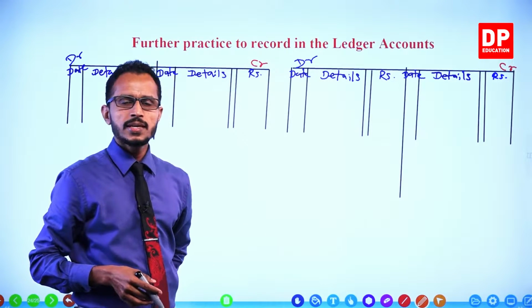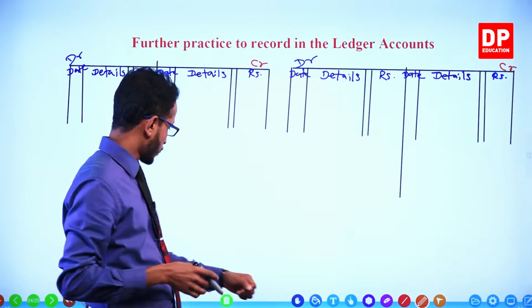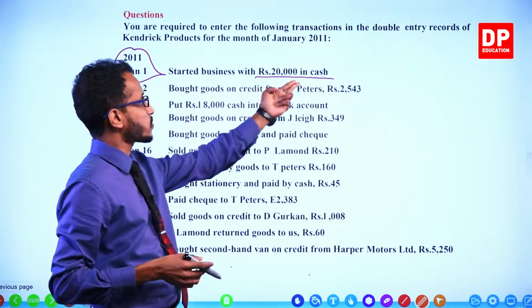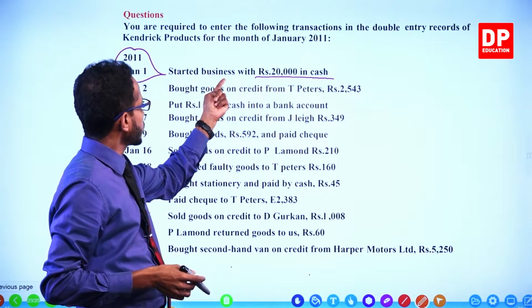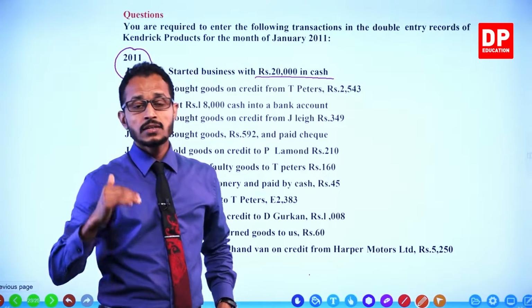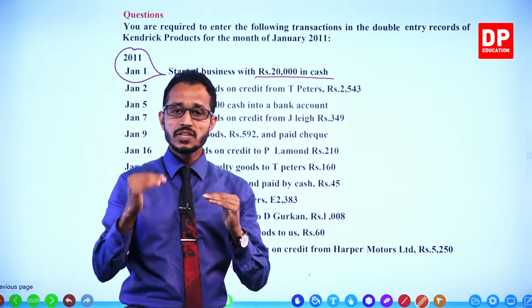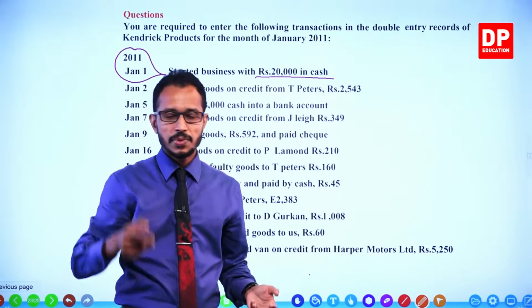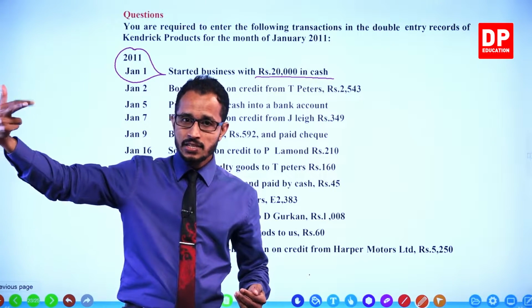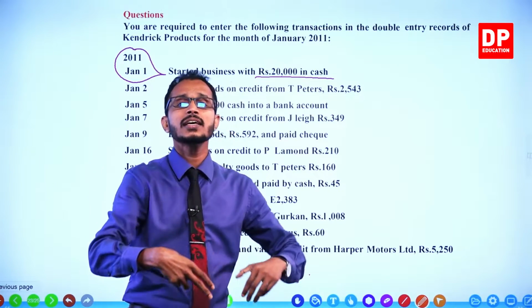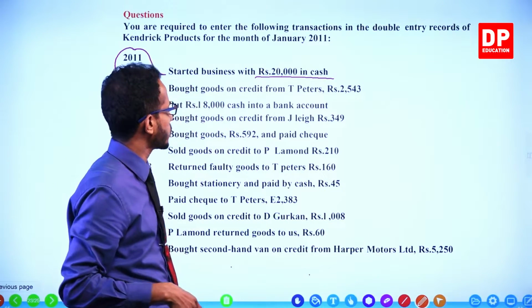Now tell me, in which account should it be debited? I'm talking about the first transaction: started business with 20,000 in cash. We already discussed that cash increases. Or you can use that easy method: cash coming into the business, 20,000 coming in, and ins are always debited.